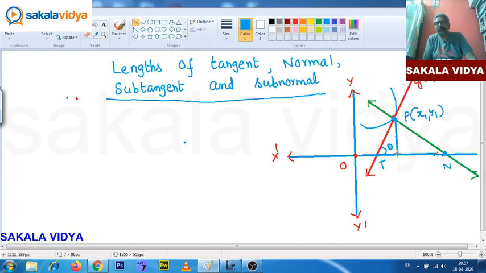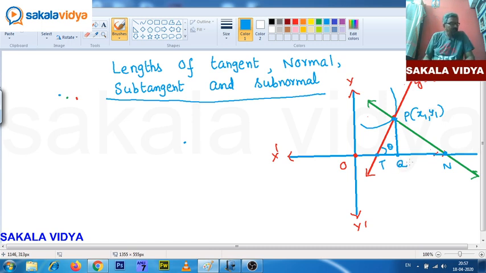So, drop the perpendicular here. Say this is M, okay, like this. Otherwise, you can say Q.